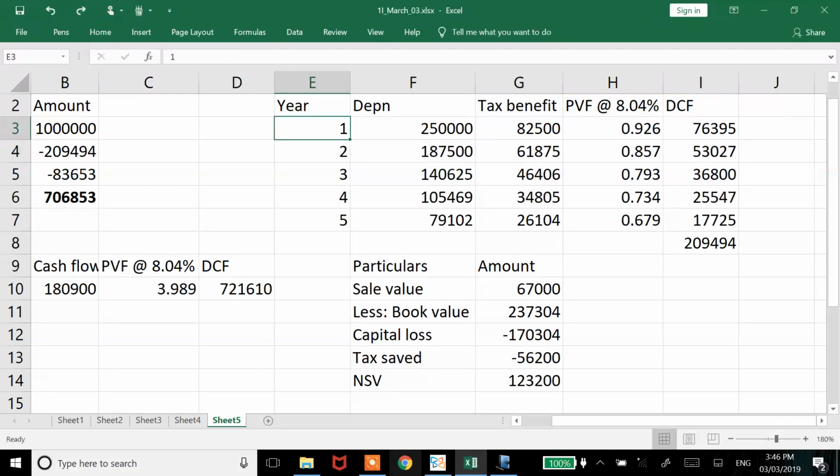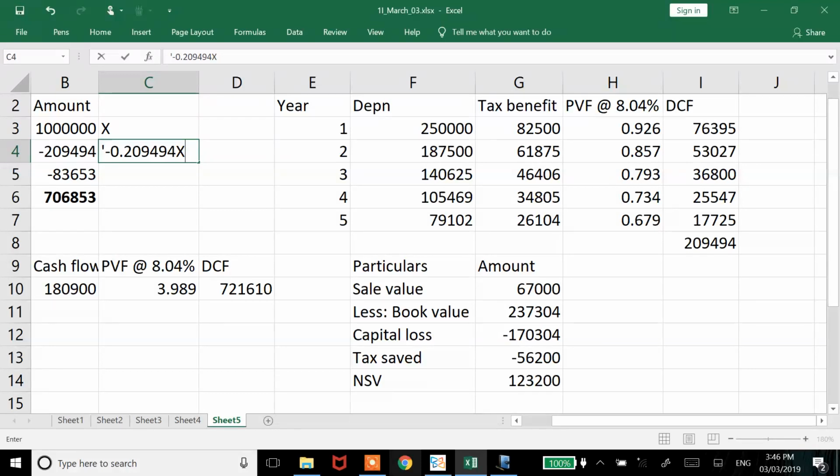So I'll take this as X. The depreciation benefit is going to be minus 0.209494x. If 10 lakh is the cost, benefit is 2,09,494. If cost goes down, benefit goes down. If cost goes up, benefit goes up. Clear?